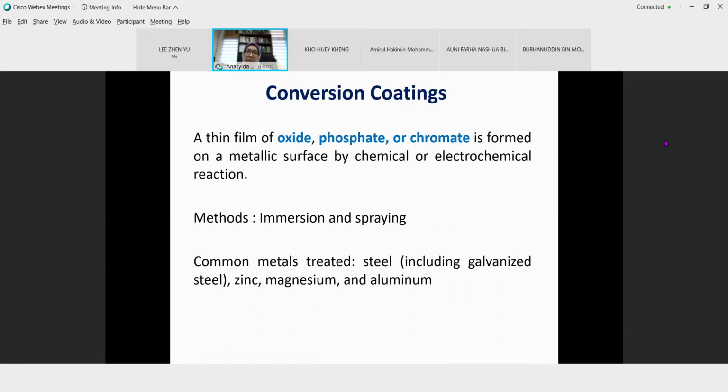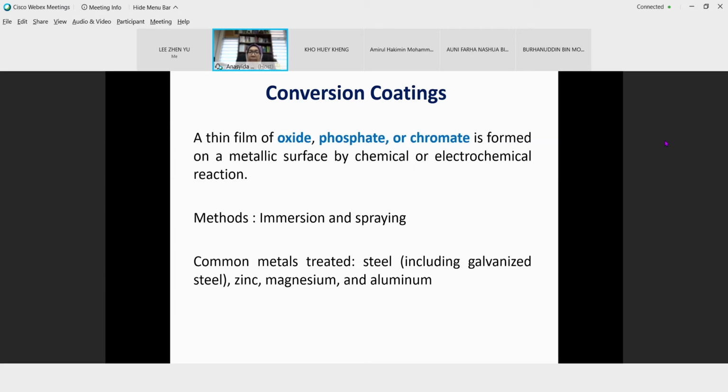So this conversion coating is actually to deposit a layer of either oxide, phosphate, or chromate. So it basically forms one layer either by chemical, meaning that it doesn't have any power, same as electrolysis, or we can also use electrochemical, which also supplies the power.